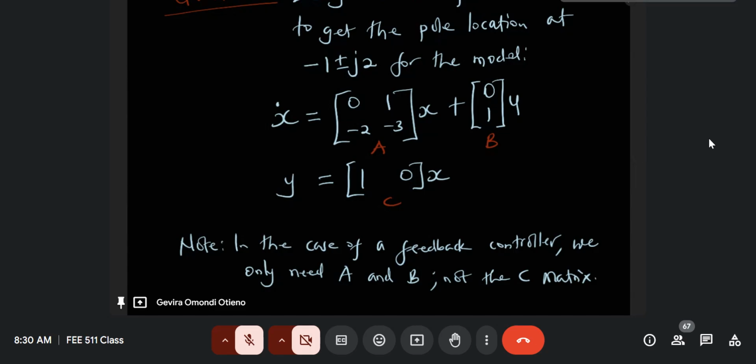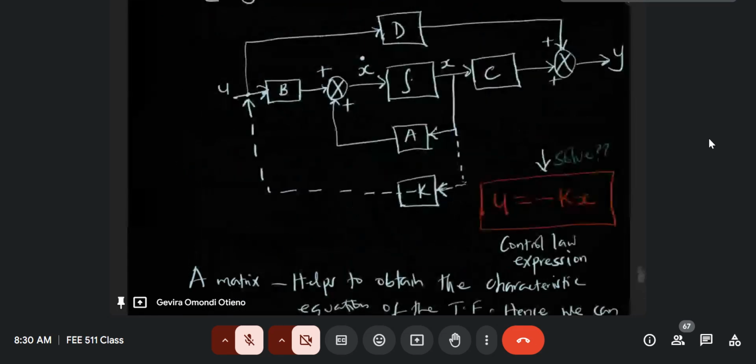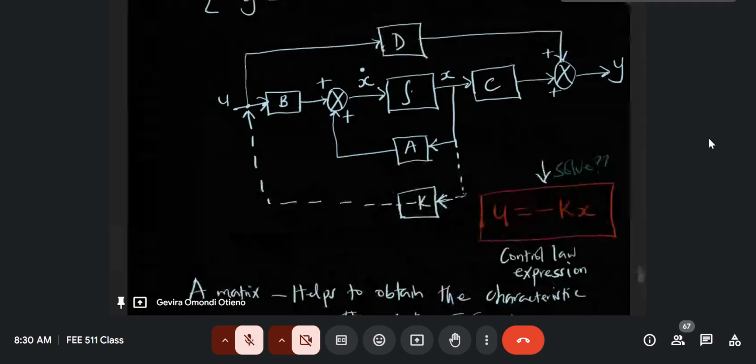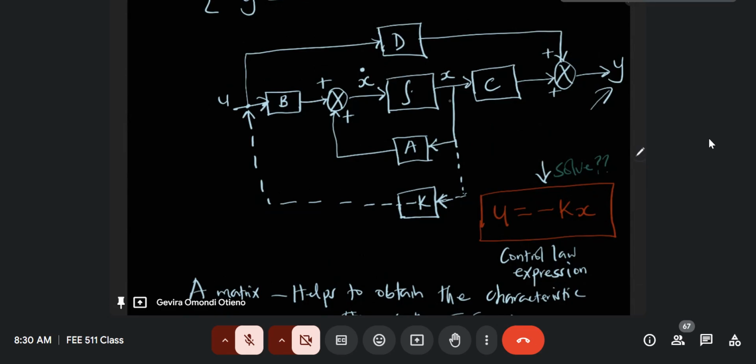meaning the output equation is not important for us whenever we are dealing with the feedback controller, because it makes sense. If you look at our block diagram, ladies and gentlemen, we have nothing that connects us to the output. The feedback controller connects our state vector X back to the input. So that means we are only interested in the first equation, the state equation. The output equation is not included.